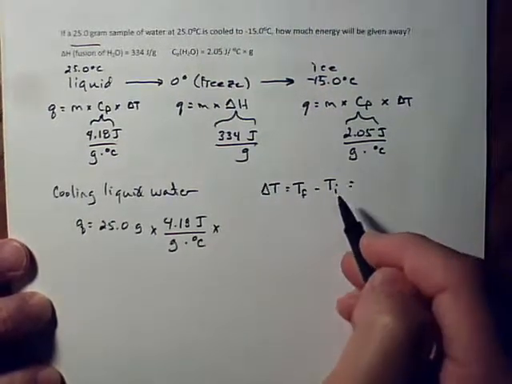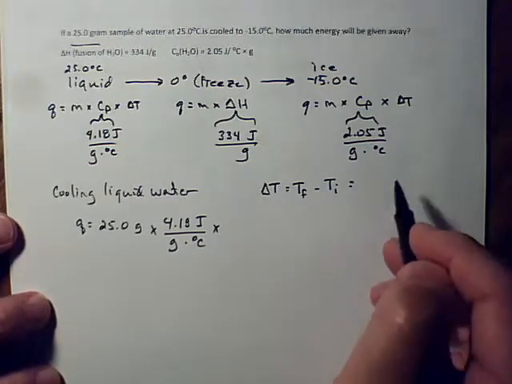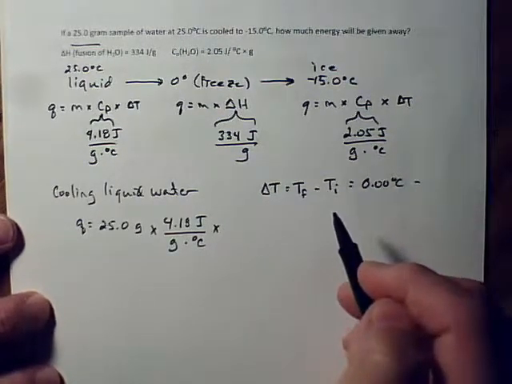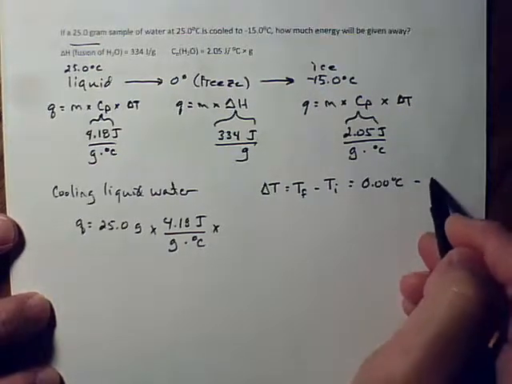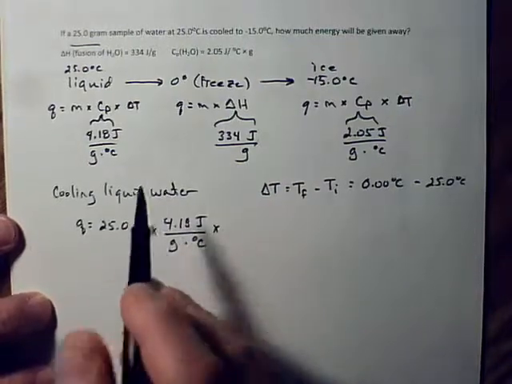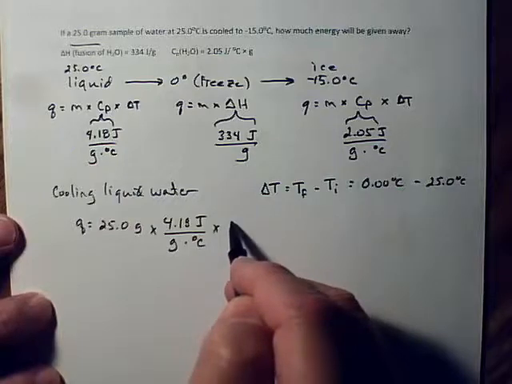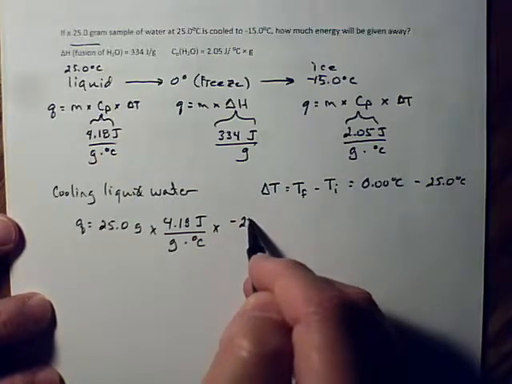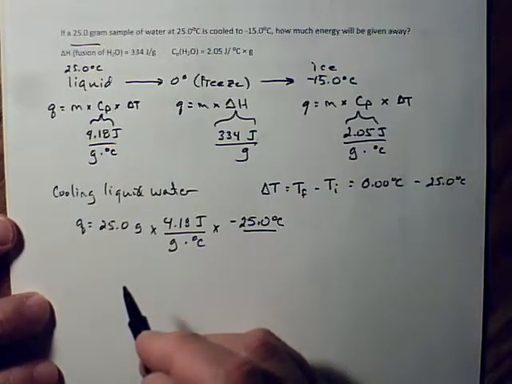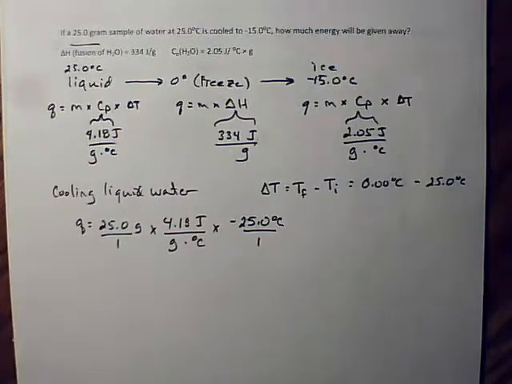The final temperature here, when we're cooling the water, can't get any cooler than 0 degrees C. Final temperature is 0.00 degrees C. The initial temperature is 25 degrees. So the change in temperature is negative 25.0 degrees C. Does that make sense? Any questions about that?